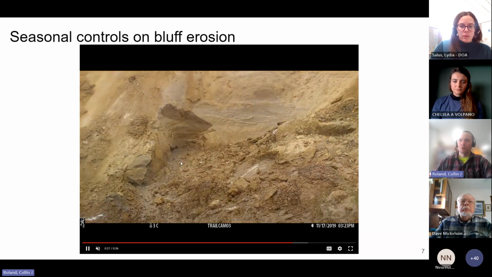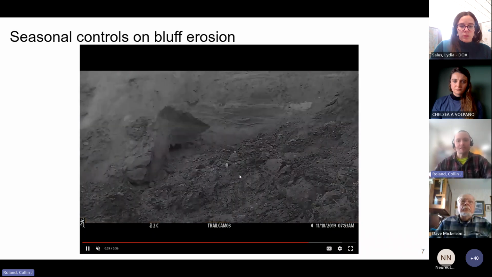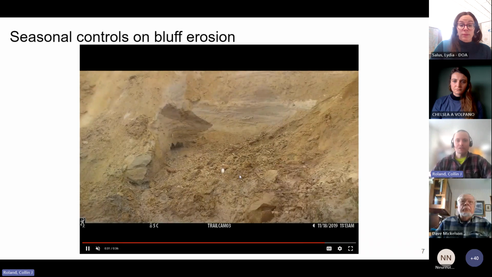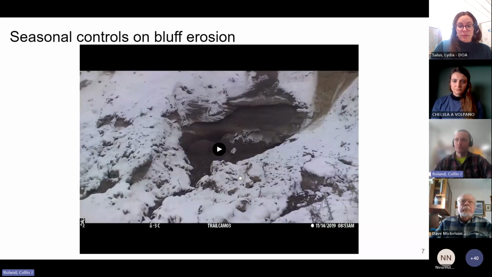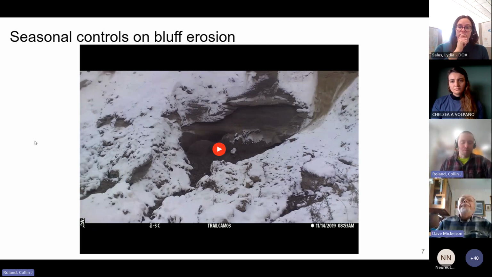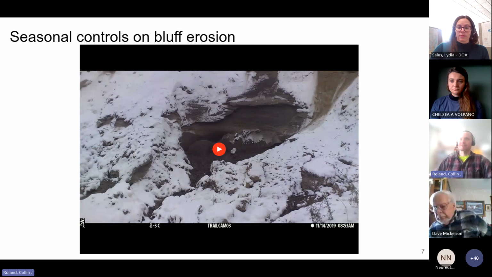You can see water just pouring out of the bluff as the ice that was maybe blocking that groundwater seepage melts and allows water to flow through. It's emblematic of what happens at this bluff, but up and down Wisconsin's coast, in these freeze-thaw areas, we see lots of erosion associated with freeze-thaw events.